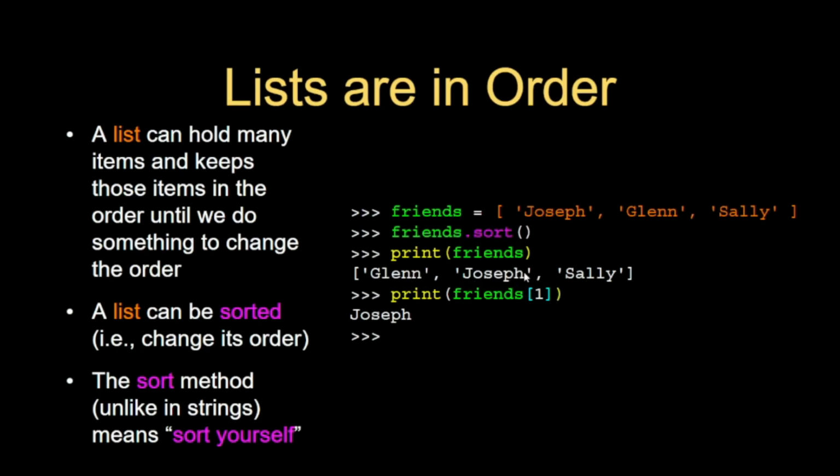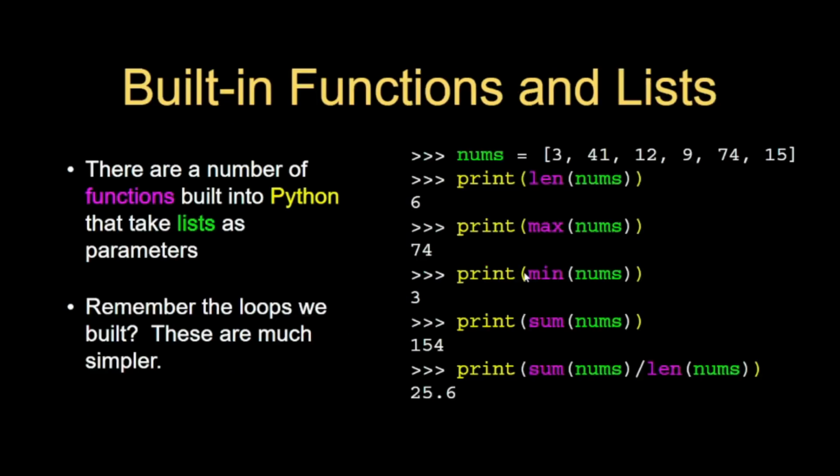Okay, moving on to the next slide, we are going to learn about built-in functions and lists. There are a number of functions built into Python that take lists as parameters. For example, there is a list nums which contains 6 integer values.